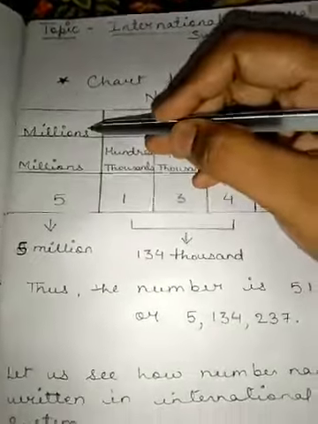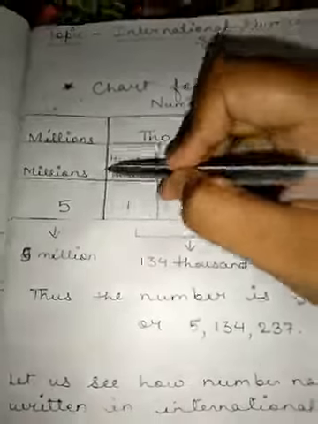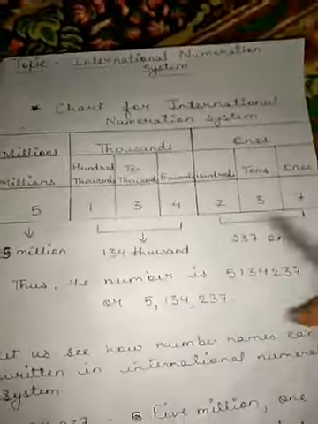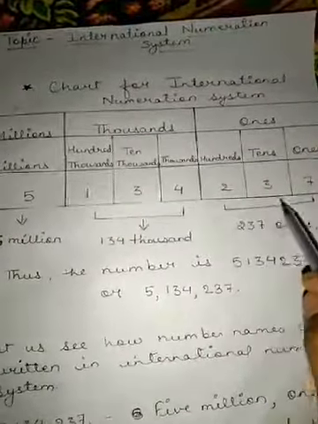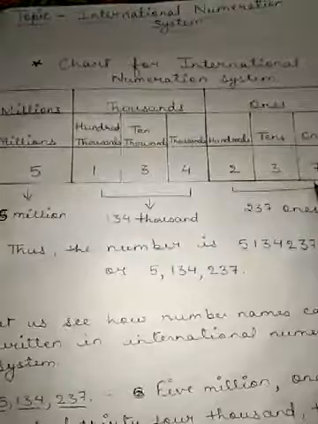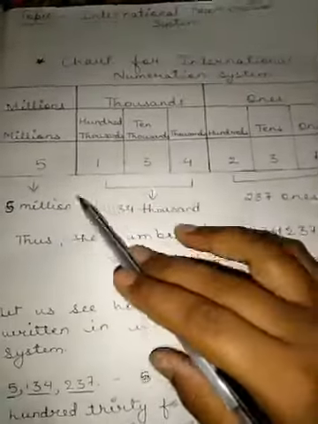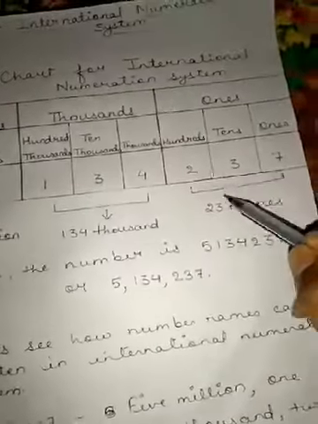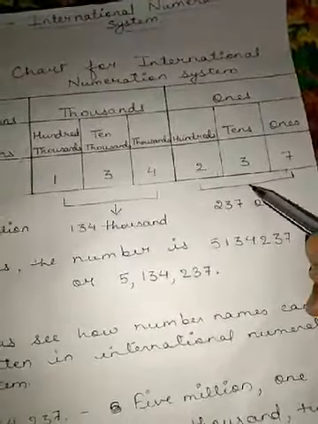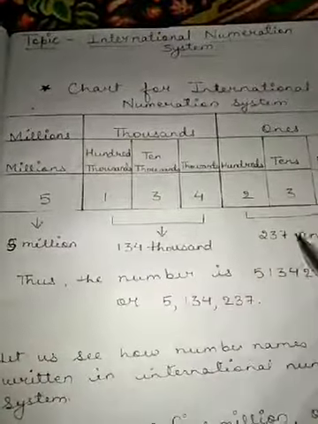In the period of millions, we will learn about millions. Now we have taken a 7-digit number, that is 5, 1, 3, 4, 2, 3, and 7. This is a 7-digit number. You can see we have divided this number into three parts.